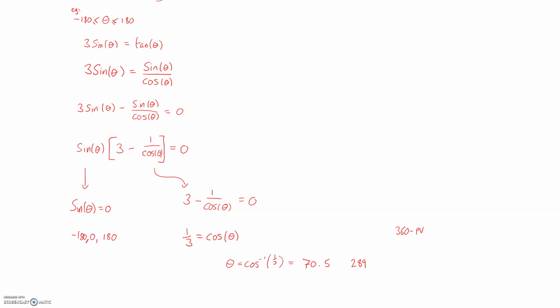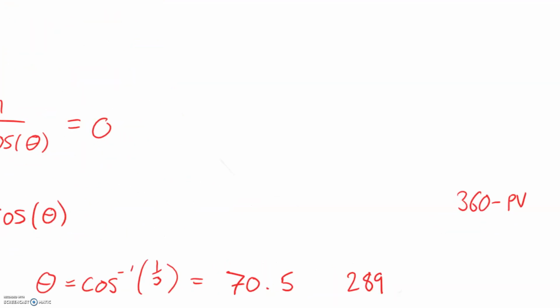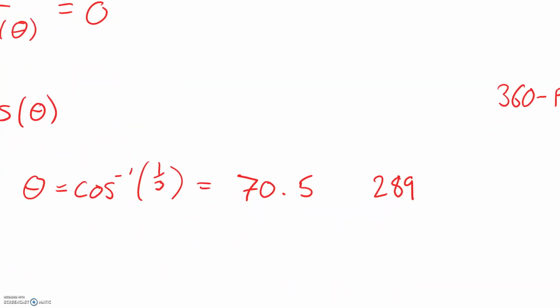Some of the solutions may well be before these two values that we've calculated, so I'm going to subtract 360 from both values in order to calculate their previous solutions. 70.5 minus 360 is minus 289, and 289 minus 360 is minus 70.5.